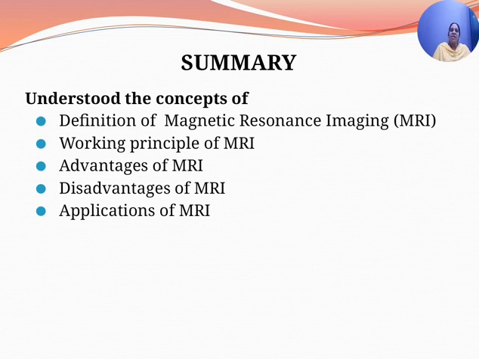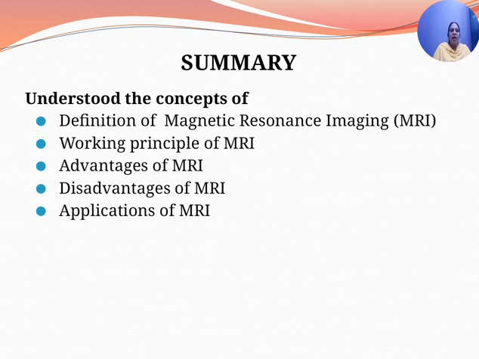So it is used in pediatrics and obstetric imaging. It does not use iodinated contrast agents, so it is safe in patients with renal failure. So these are the advantages.